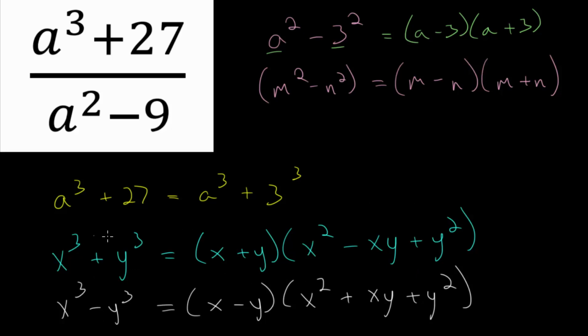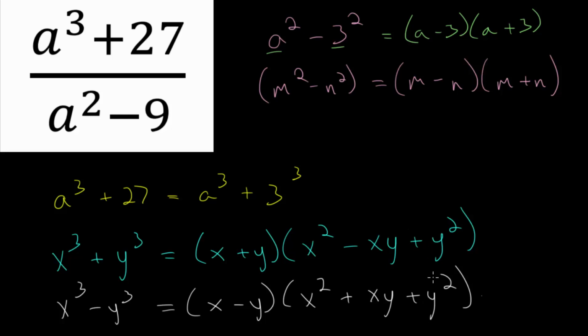And one way to keep these formulas in order is that when you have a sum, the sign in the linear expression is the same. And likewise, when you have a difference, the sign in the linear expression is the same as well. So in the first expression, it's always the same sign, and then the next sign is the opposite, and the last sign is always positive.